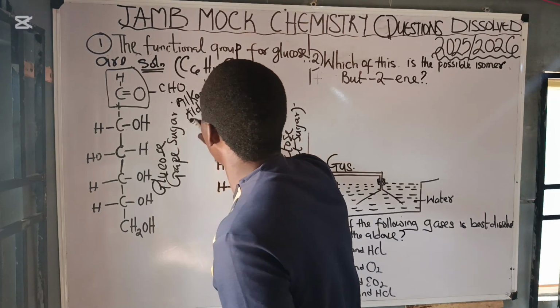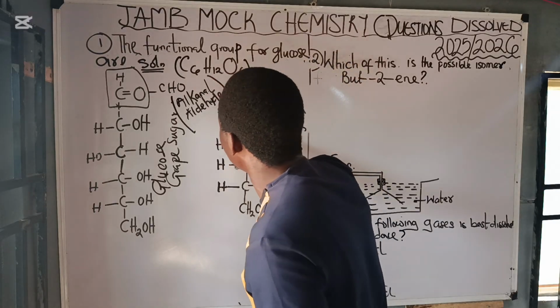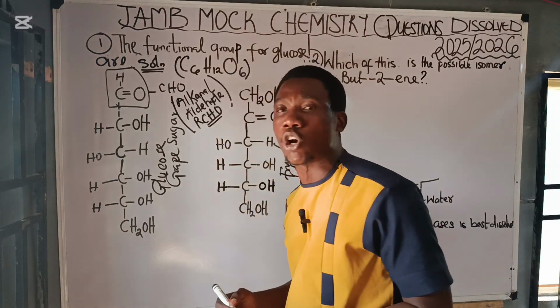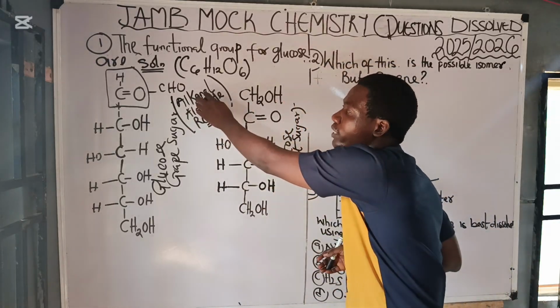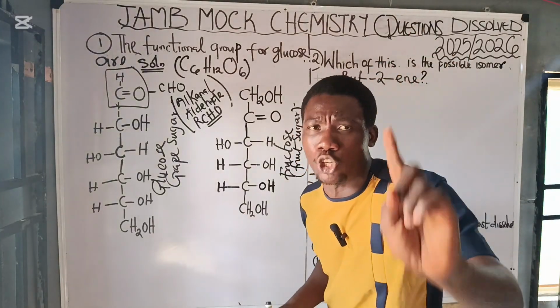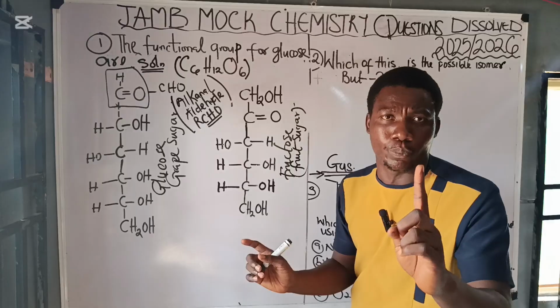The general molecular formula for this organic compound is RCHO. So any organic compound that has the CHO is a member of the alkanal family. So that is why we will simply say that one of the functional groups in glucose is the alkanal functional group. It must be noted.